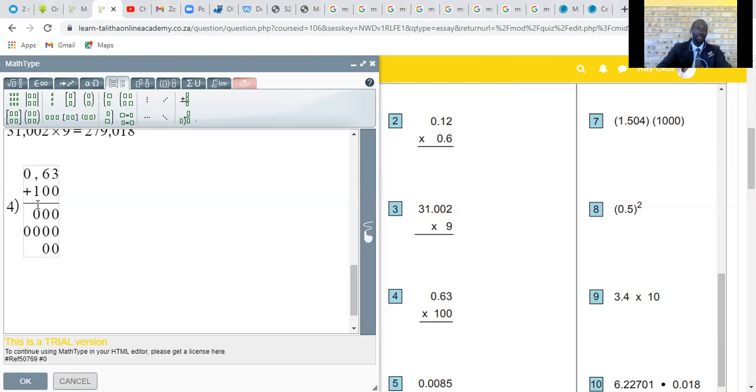Then now we start the multiplication. 1 by 3 is 3. Okay. Then 1 multiplied by 6 is what? Is 6. Then now 1 multiplied by 0 is what? Is 0. You see?